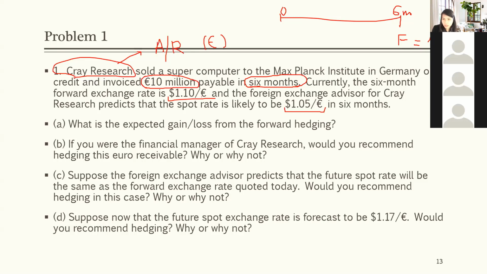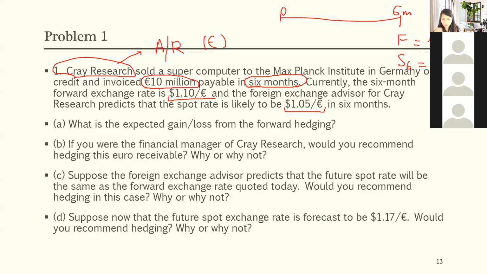And the expected future spot rate, so I'm going to write S6 for expected exchange rate in 6 months, $1.05 per pound. Per euro, sorry. Okay.